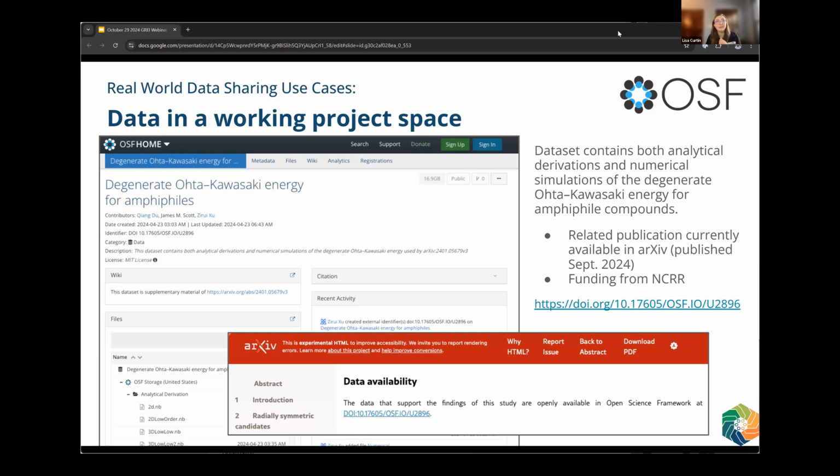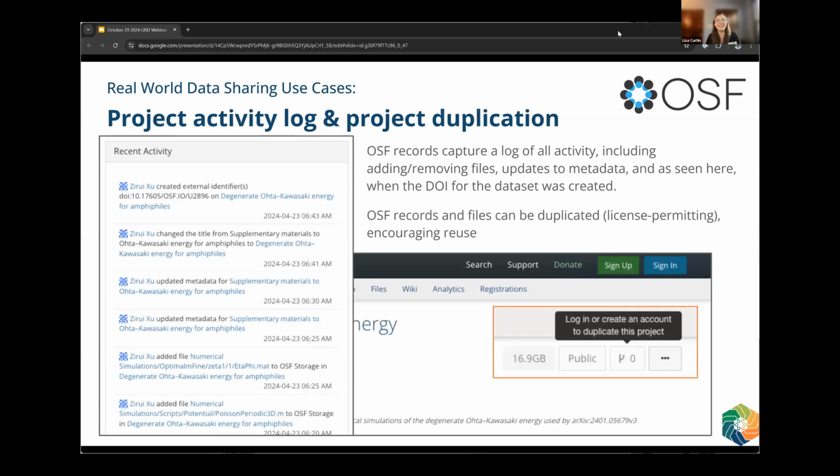Next slide, please. Yeah, and so this is just some examples of how OSF provides more of a working space for your data. They record a log of all of your activity in the data set, including adding and removing files, changes to the metadata, and particularly you can see here the most recent activity was creating the DOI for this data set.